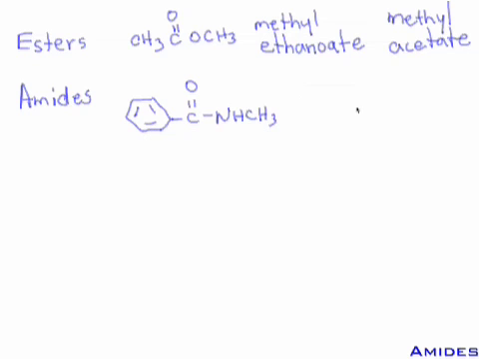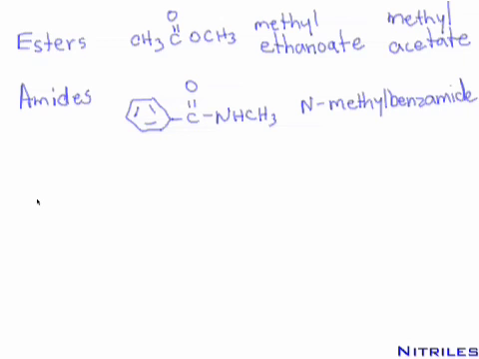The oic acid is replaced with the word amide, and so this becomes a benzamide. Of course, we have a methyl off the nitrogen, so we would say N-methyl benzamide. And because it's based on benzoic acid, it would be both the common and IUPAC names.